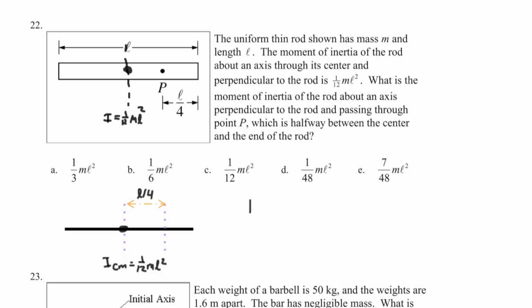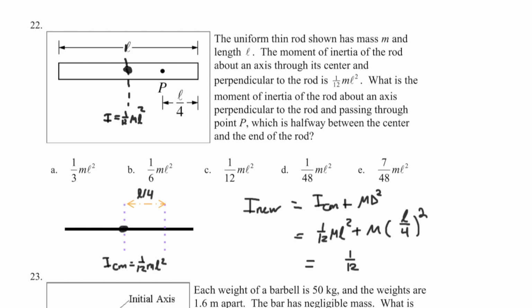So we know that I new is equal to I through the center of mass plus md squared. So we just get 1/12 ml squared plus m times L over 4 squared, being careful with parentheses. So we're just going to get 1/12 plus 1/16 times ml squared.